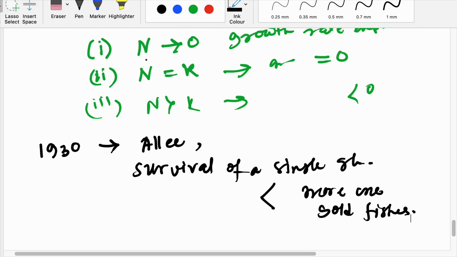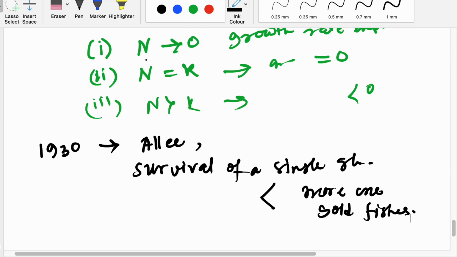Now suppose there is only one individual. Even if you provided a lot of resource to that ant colony, because they are cooperative individuals, due to lack of cooperation, if one individual is there, they can't survive.